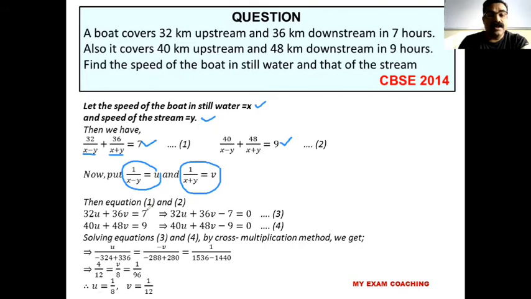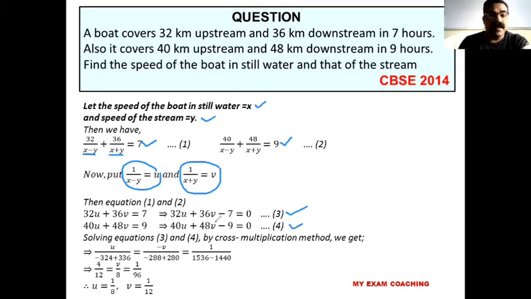This equation we can rewrite as 32u plus 36v minus 7 equal to 0, taking the 7 to the left hand side. Similarly, the second equation we can write as 40u plus 48v equal to 9. If I take this 9 to the left hand side, I get 40u plus 48v minus 9 equal to 0. So we have the two equations.